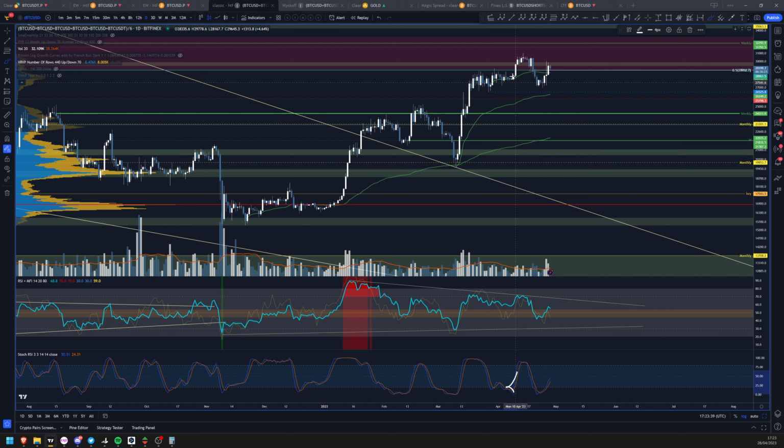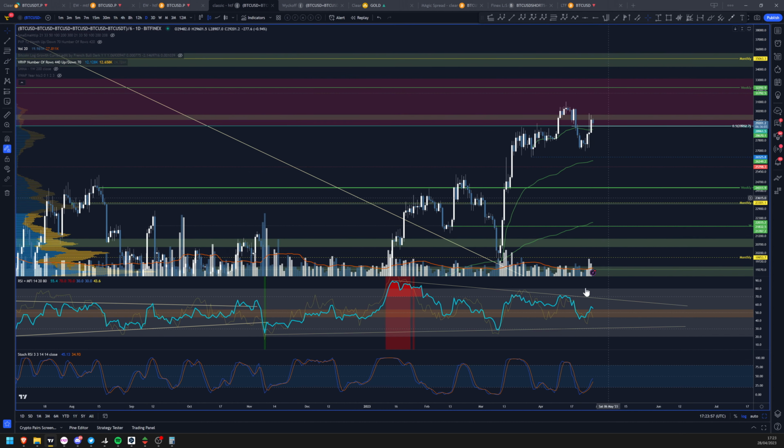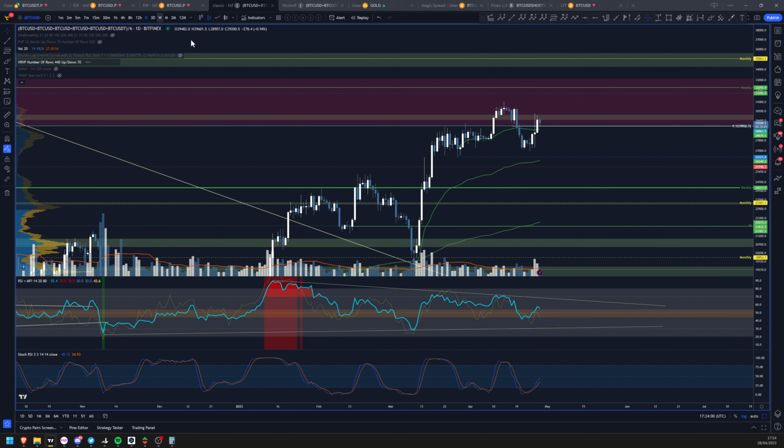Keep this in mind, it looked not so bearish here on stochastic.